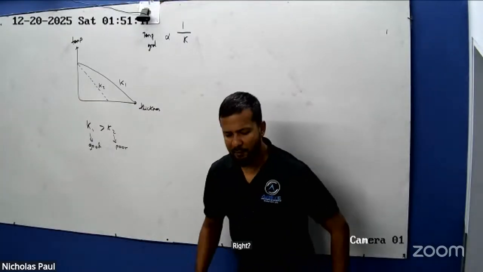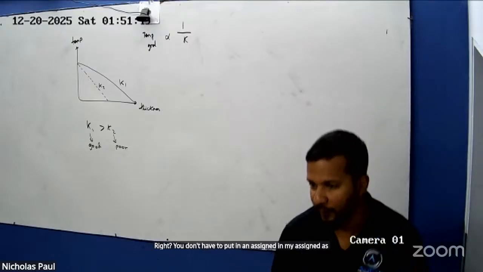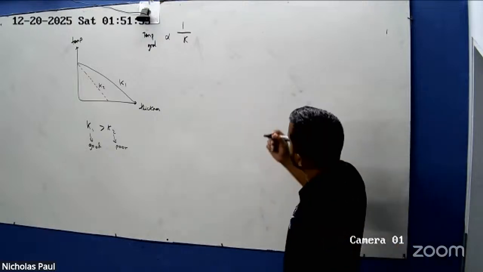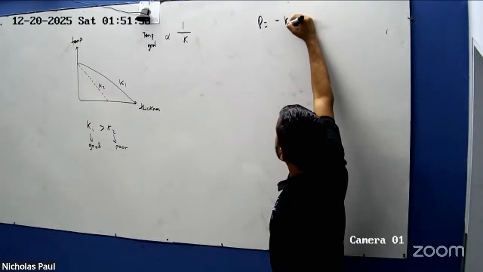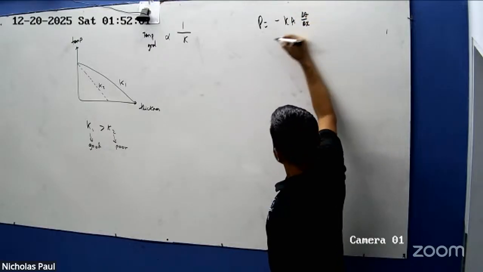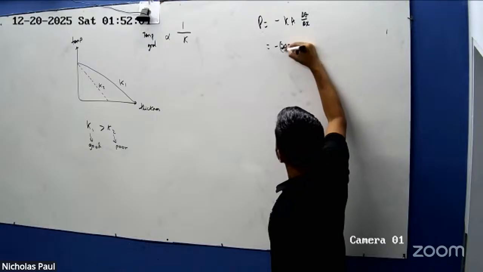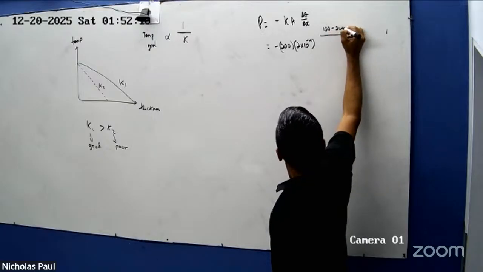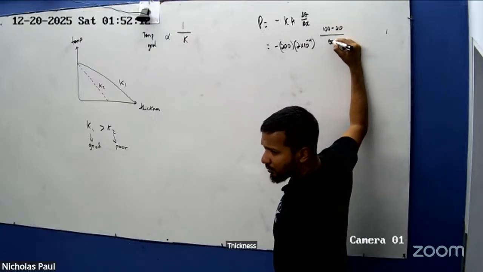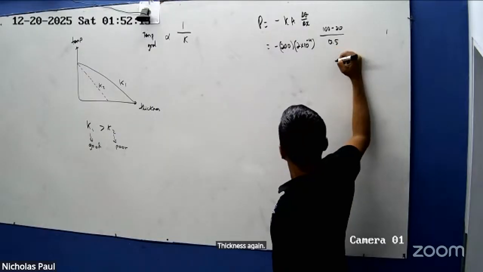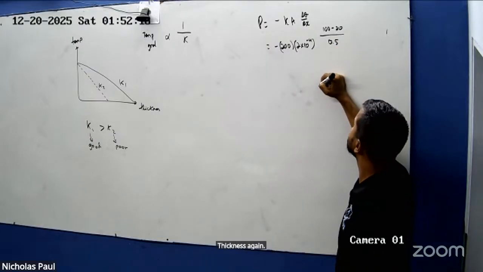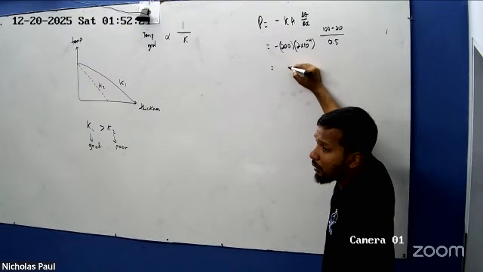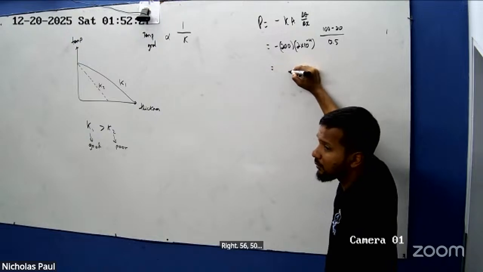Right, you don't have to put the minus sign, just indicate power loss. What thickness again? 50.